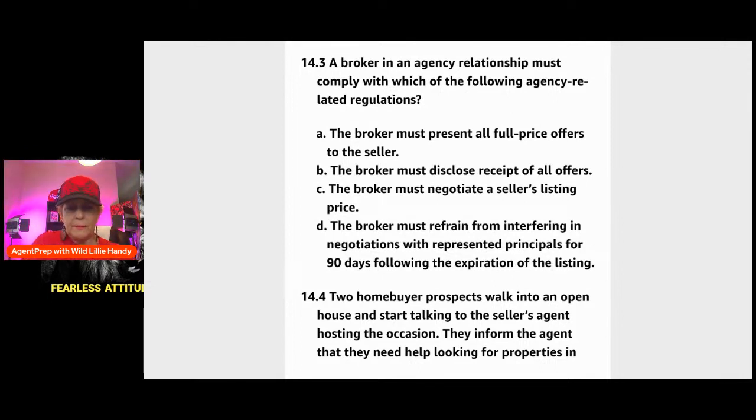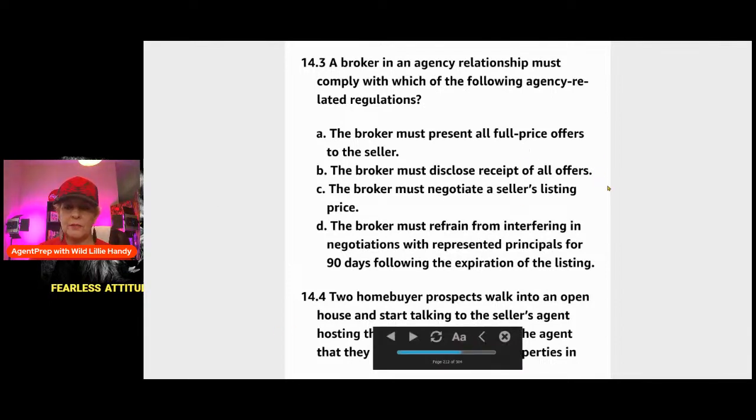Okay, so far I've got a B, A. It is not A. So take a quick change of heart. Change your decision on that. It's not A. Because look carefully. The A says all full price offers.